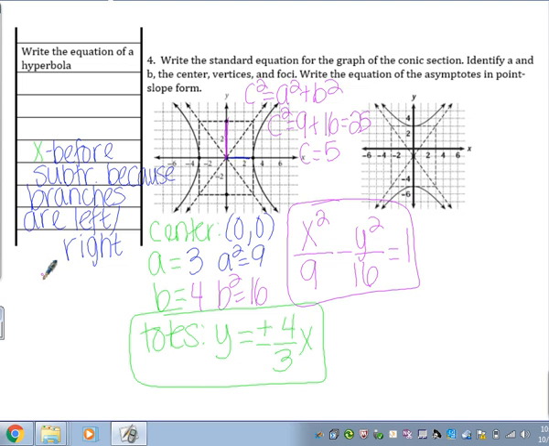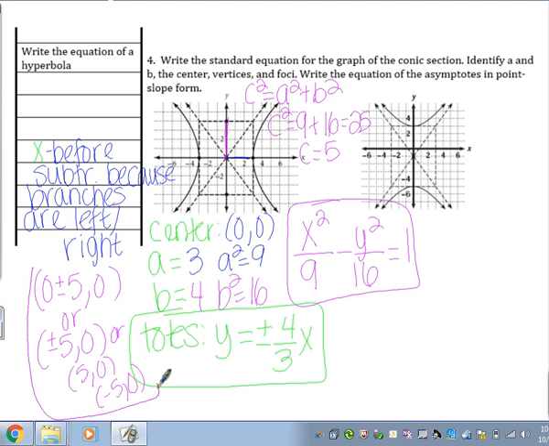And I'm going to put it onto X. So this would be 0 plus or minus 5, 0. Or you can write that as plus or minus 5, 0. Or you could even split it up into 5, 0, negative 5, 0. All right. That is it.